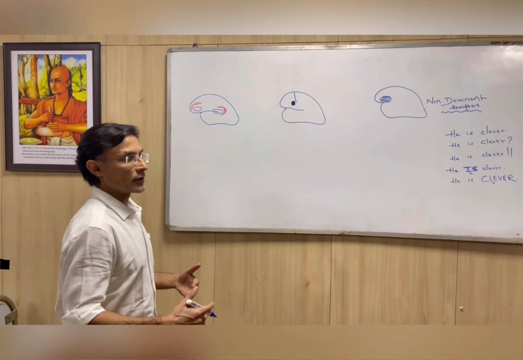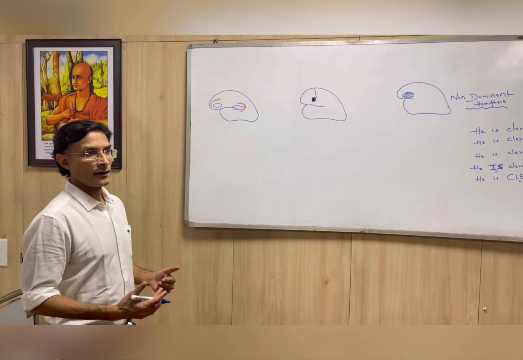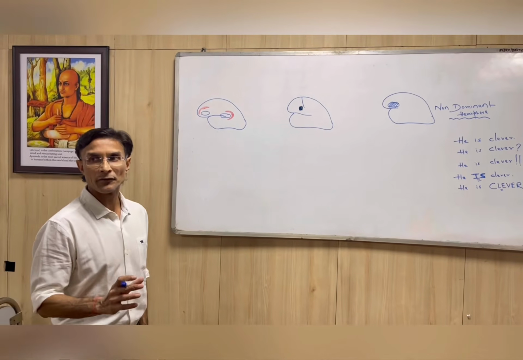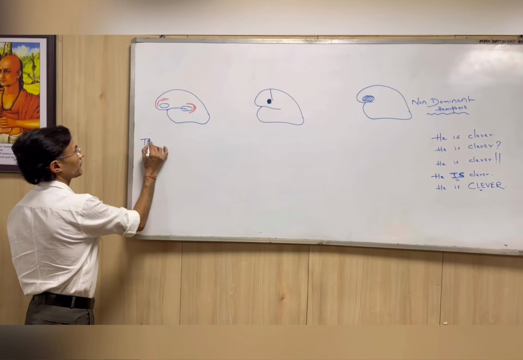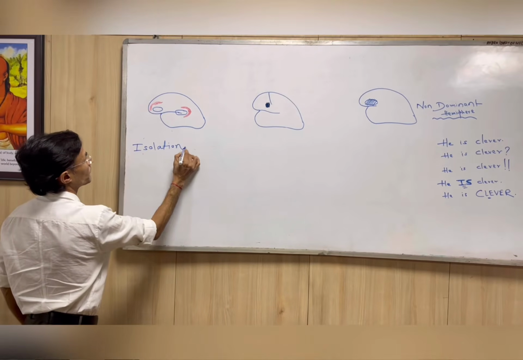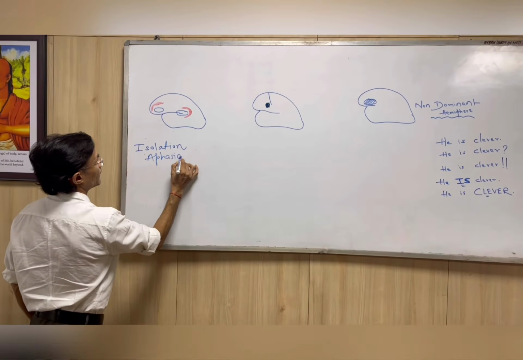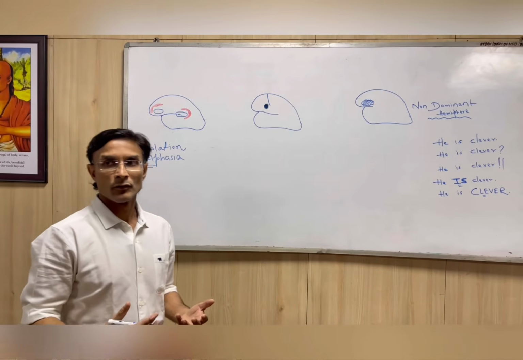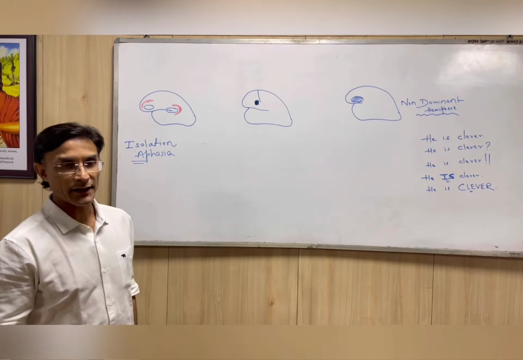So we are talking about aphasias. Continuing this process, I will finally be discussing with you one type of aphasia, what was left, which is known as isolation aphasia. And I will be talking about two new categories of neurological symptoms, very tricky and interesting.